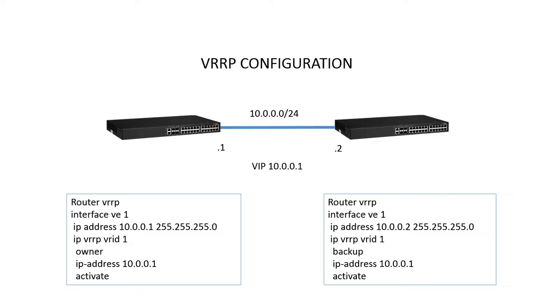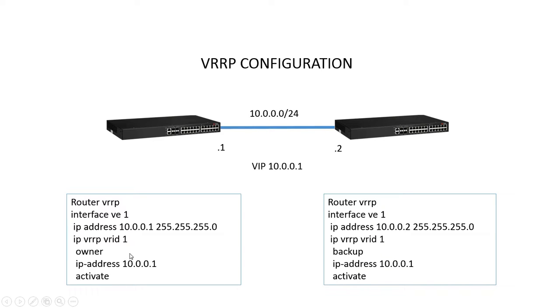The other side will be backup, so he will only take over for the owner in the event that the owner goes away, his interface goes away, or the router physically goes down. Then we assign the virtual IP, 10.0.0.1. As you can see, it's the same as the physical. On the backup side, the physical is .2, but we assign .1 as the virtual address in the event that .1 goes away. And lastly, we activate both sides.